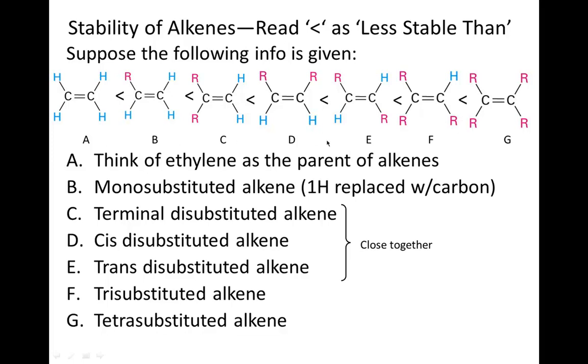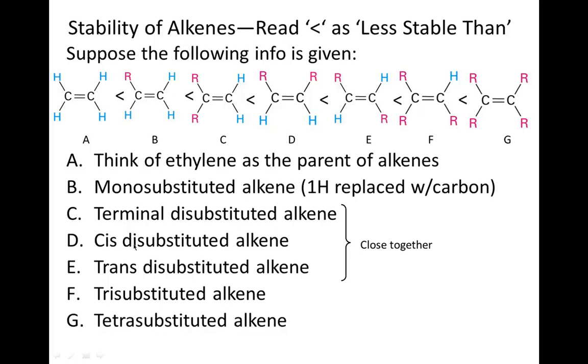Now I've labeled these as A through G just to make it easier to talk about them. Let's think about ethylene as the parent of alkenes. We're going to call this molecule a monosubstituted alkene. When you get to C, because both chunks of carbon are on the same carbon, this is going to be at the end of a chain, so we call it terminal, and it's disubstituted because two of the hydrogens have been replaced with chunks of carbon.